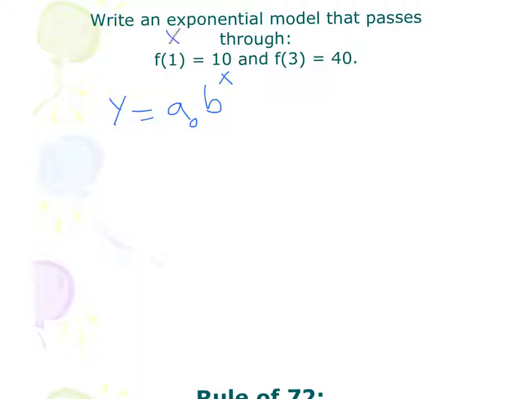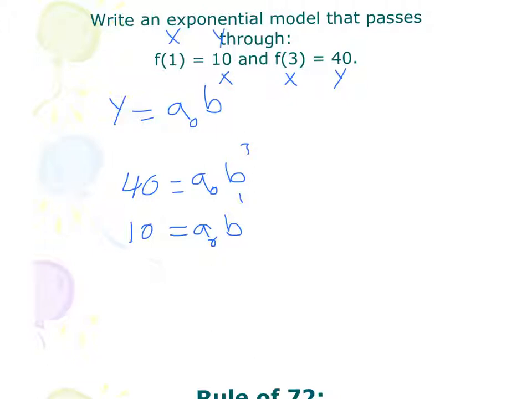Now remember, the 1 represents an x coordinate, the 10 is a y, the 3 is an x, the 40 is a y. So if I plug those numbers in, the first one says that 10 equals the starting amount times the growth rate to the first power. The second one says 40 equals the starting amount times the growth rate to the third power.